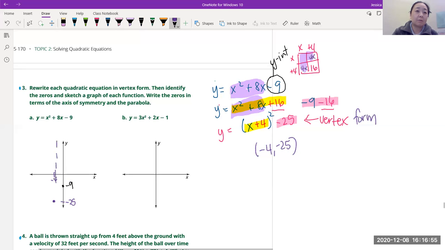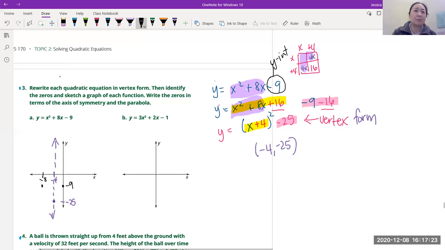Oh, I'm too far to the right. Let's try that one more time. Oh, that's pretty good. Okay, so this is my AOS. So I know that if I have a point here at -9, and this is 4 away, then over here, 4 away on the other side, since this is over here at -8, right? That's going to be my other point.